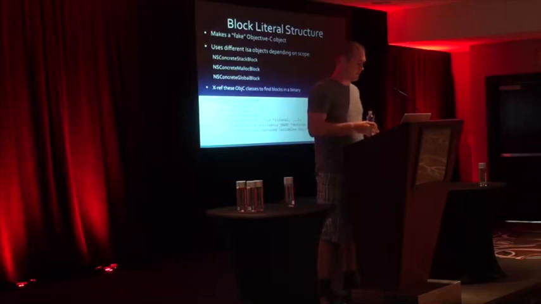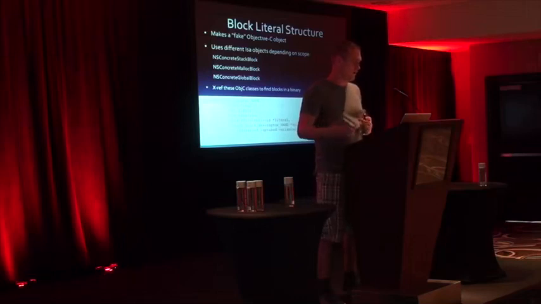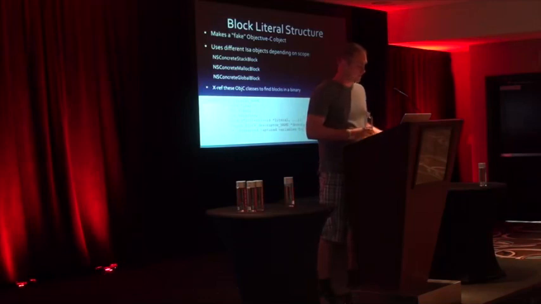That isa pointer points to a class definition, different classes depending on the scope of the block. For example, a block declared on the stack will have an NSConcreteStackBlock base class. One on the heap will have NSConcreteMallocBlock, and one in the BSS or data segments will have NSConcreteGlobalBlock.